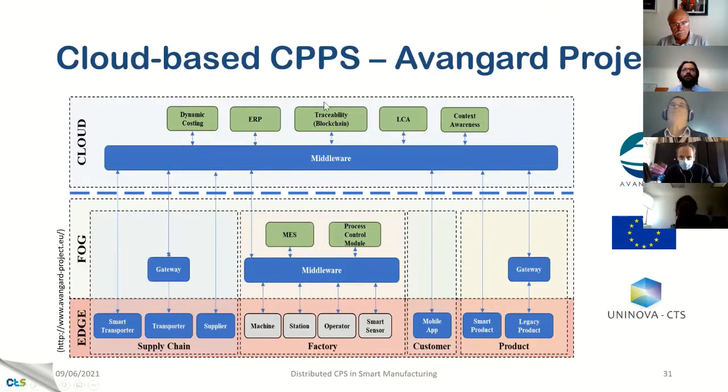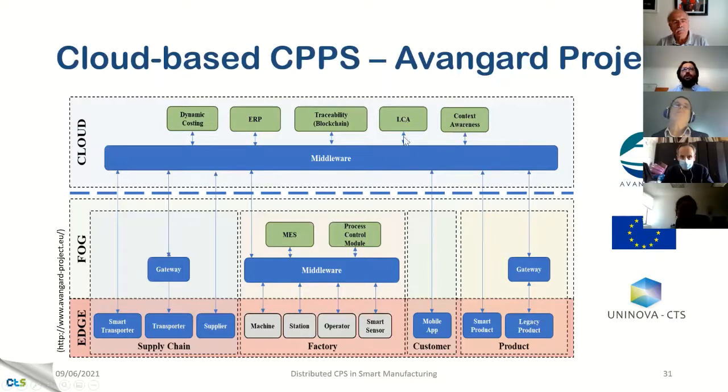The horizontal integration, of course, will focus on this layer here. The idea is to develop an integration layer, an interoperability layer, where we can share data among different software tools.